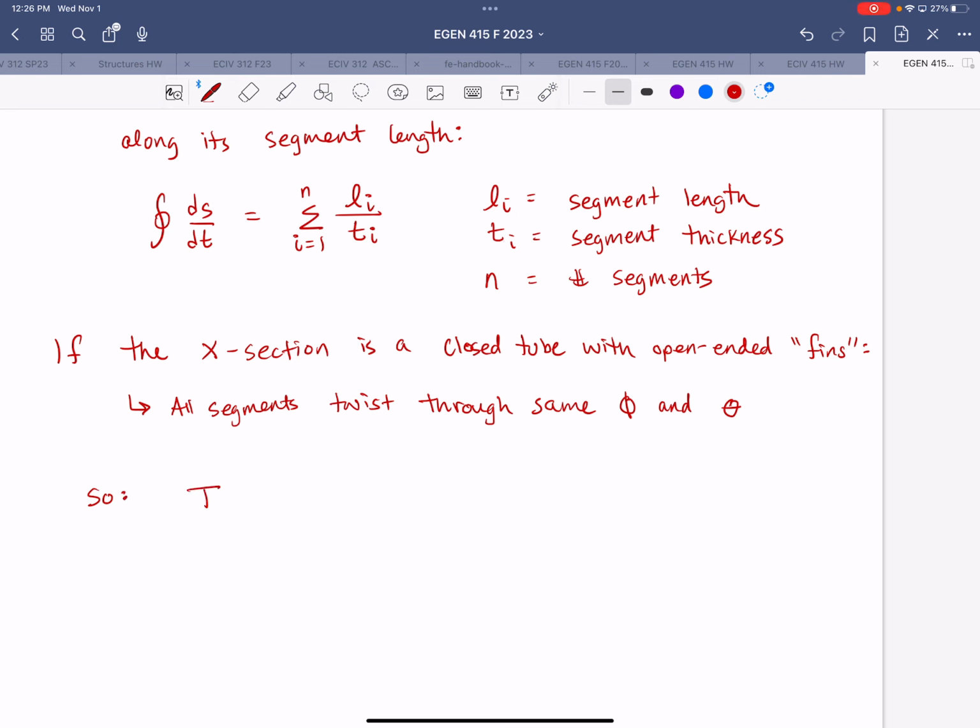So our torque will be equal to the torque in the closed portion of the cross-section plus the summation of the torques in the open-ended fins.